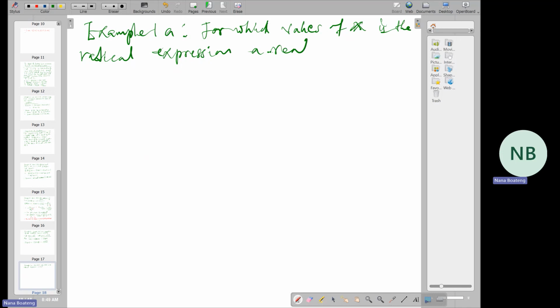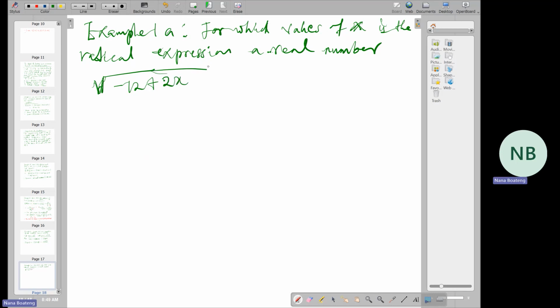For which values of x is a radical expression a real number? And the radical expression is the square root of negative 12 plus 2x.